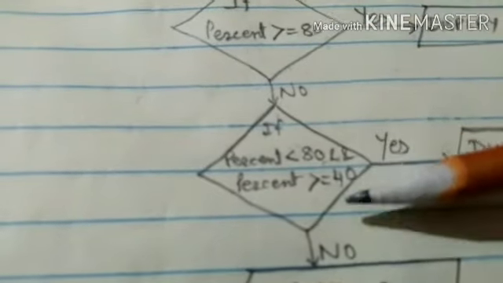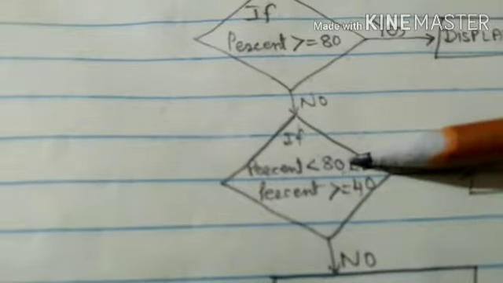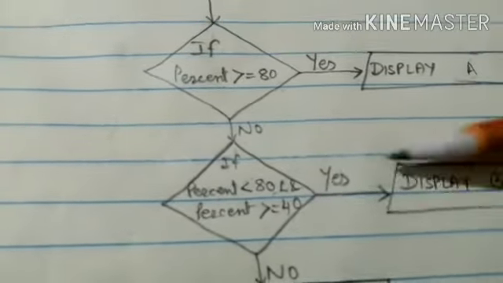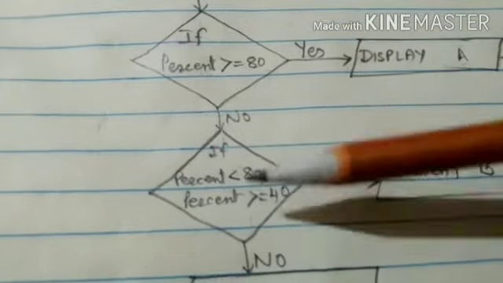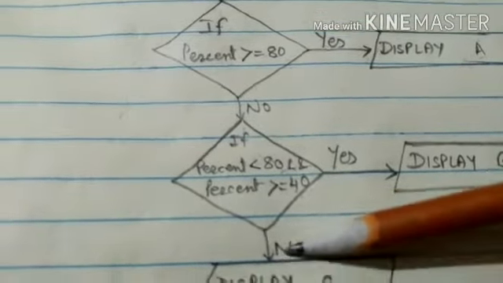If the percentage is 40 to 79, then if it is yes, it will display B grade.